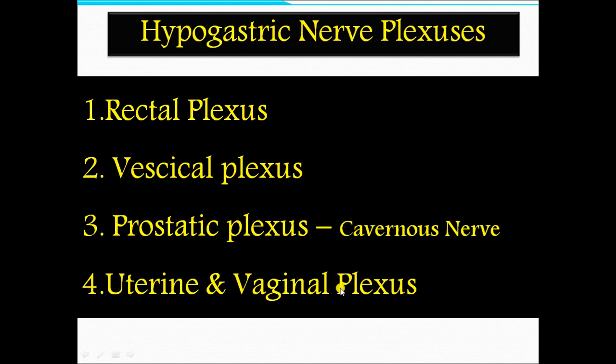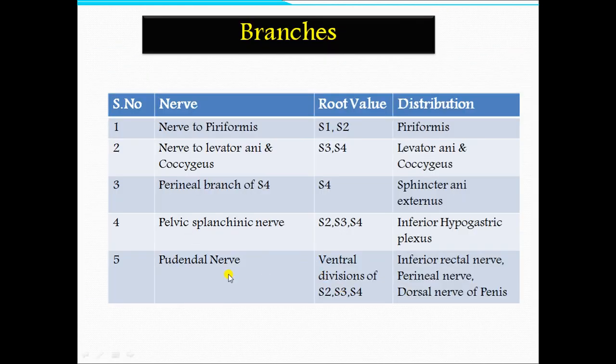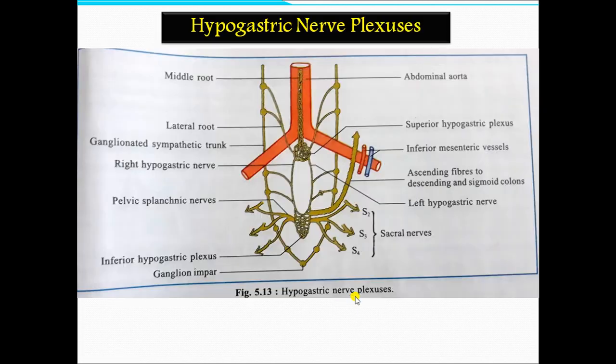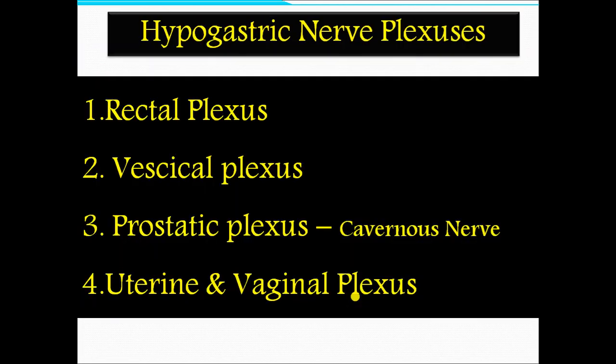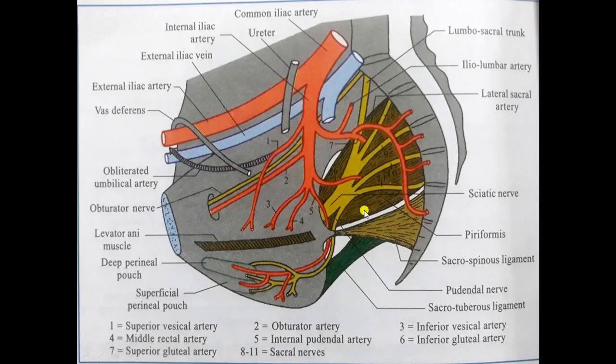Okay, finally, we are going to see the pudendal nerve. The root value is the ventral divisions of the S2, S3, S4 nerves. After its formation, it runs downwards below the piriformis muscle in the greater sciatic notch.